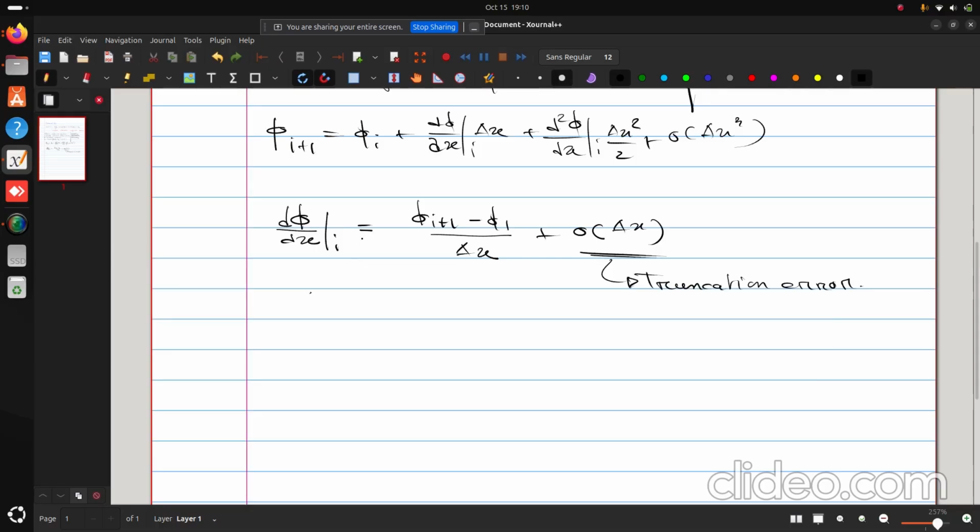Okay, so let us do a sample unsteady problem. Let's write down the statement. So a thin plate is initially heated at T initial.